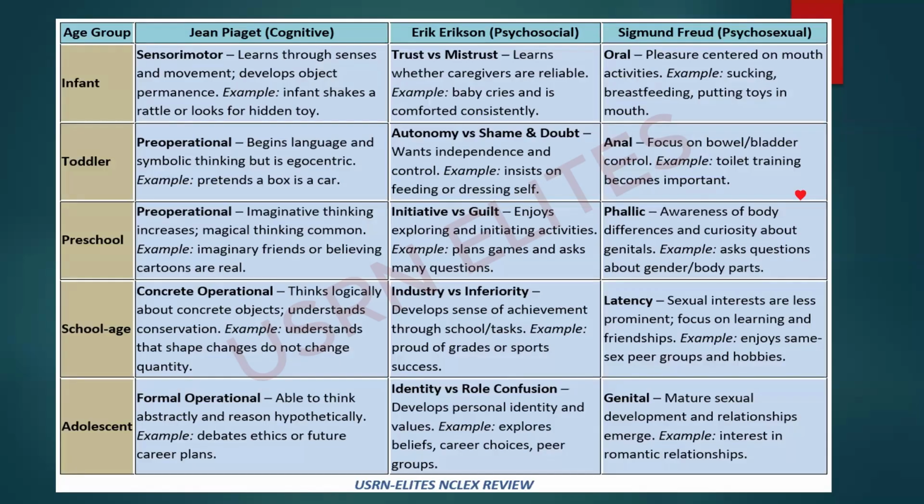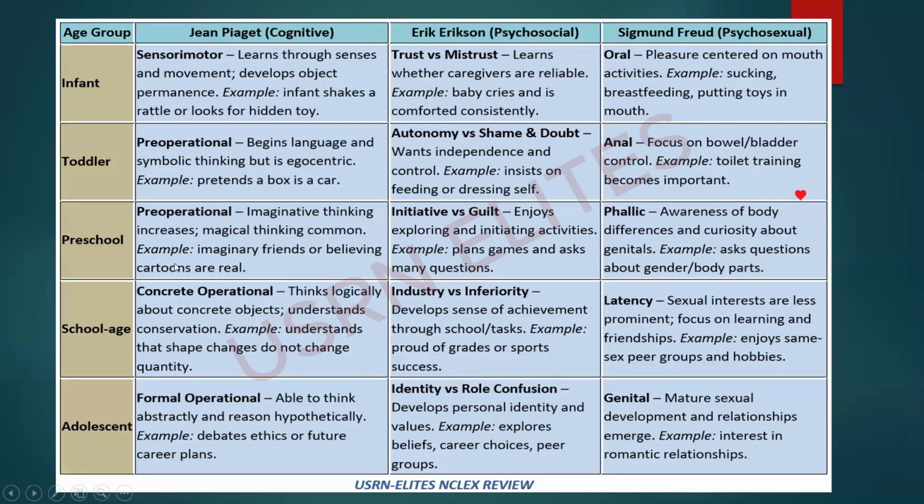But 6 years is the start of another stage, so let's say between 3 to 5, because six is the start of school age. So between 3 to 5 years, which is preschool age, they should have imaginative thinking; it should increase. Then magical thinking is common.